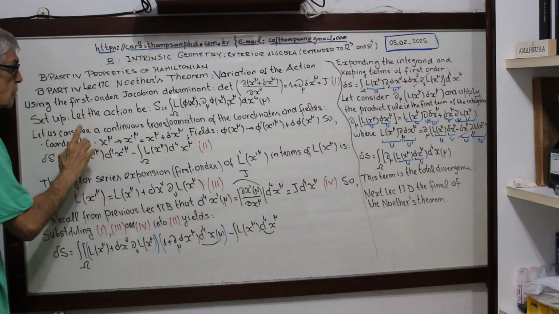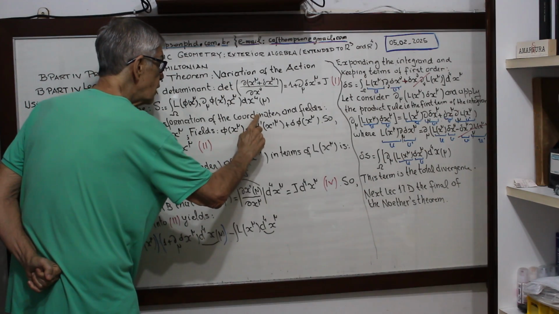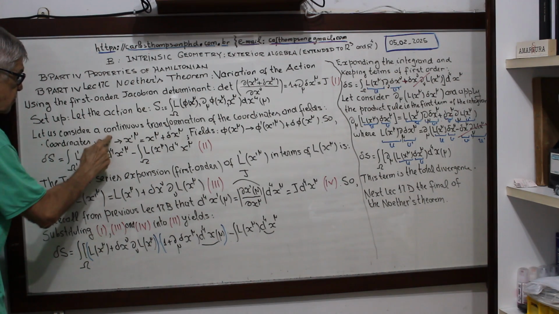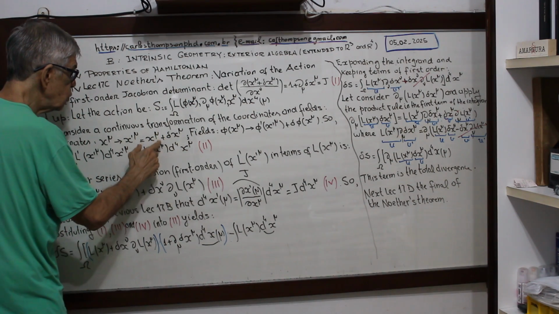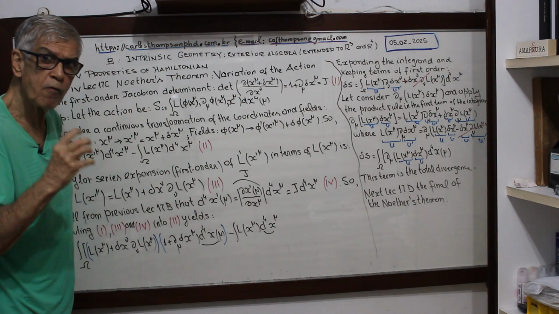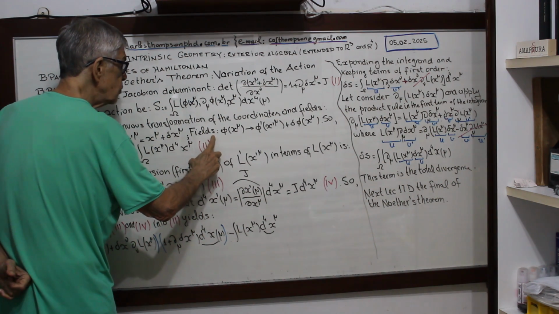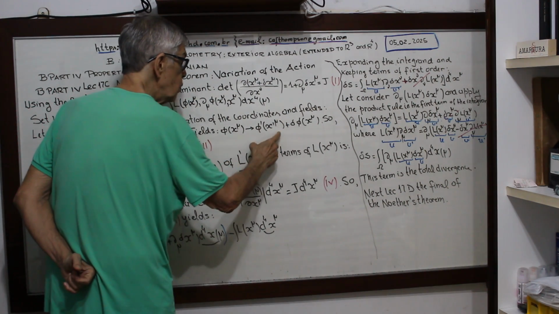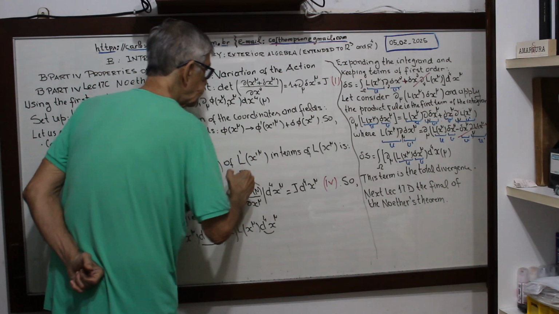So, let us consider a continuous transformation of first the coordinates and second the fields. The coordinates x mu go to x prime mu, which to first order is x mu plus delta x mu, a small finite increment. In the fields, the transformation of the field is phi prime of x prime mu equals phi of x mu plus delta phi of x mu.